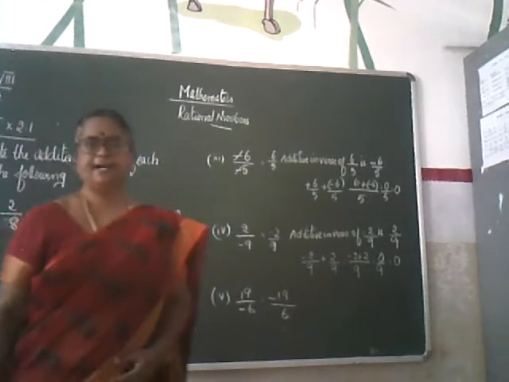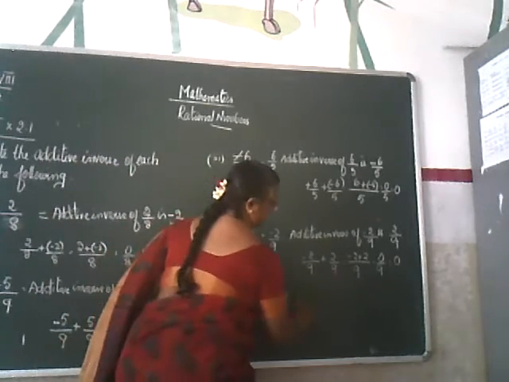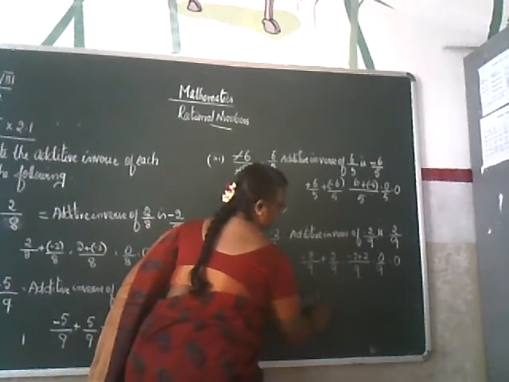Similarly, this is nothing but minus 19 by 6. What is the additive inverse of it?